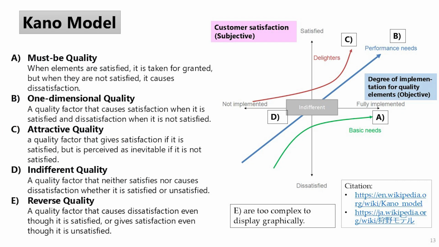Model D is called indifferent quality, in which unsatisfaction of quality elements does not affect satisfaction. As shown in Graph D, it represents this. Model E is called reverse quality, in which satisfaction causes dissatisfaction, and unsatisfaction causes satisfaction. This is difficult to represent graphically, so it is not drawn on a graph.